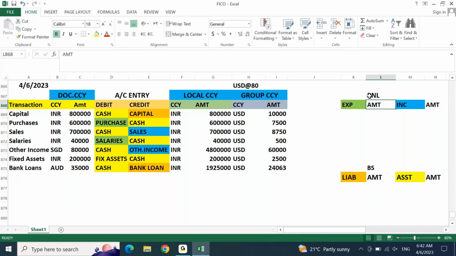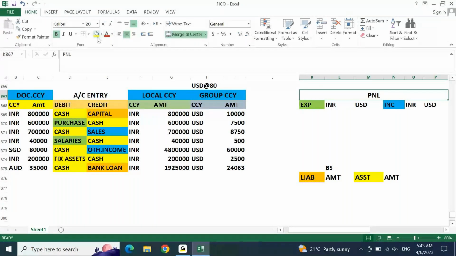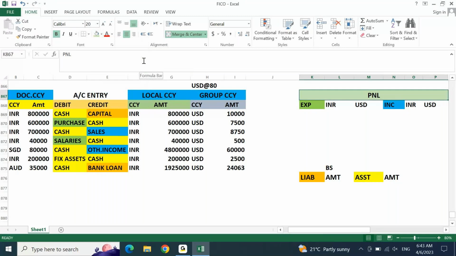You have to prepare in both INR and dollar. Because you are reporting in two currencies, you have to submit your reports for both, local currency and group currency. What accounting principles?